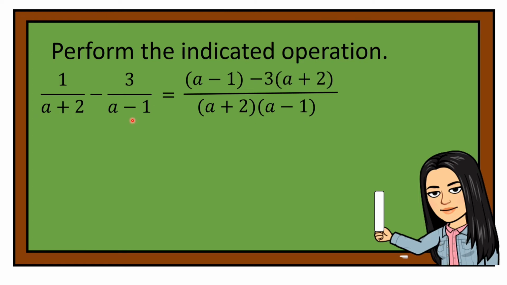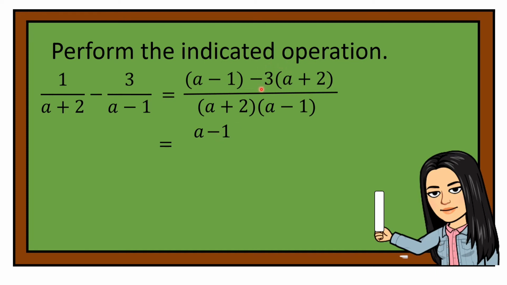So we have here 3, which came from the numerator of the second fraction, times the quotient, which is a plus 2. Next, let us simplify. A copied, and then minus 1. And then next, perform negative 3 times a plus 2.